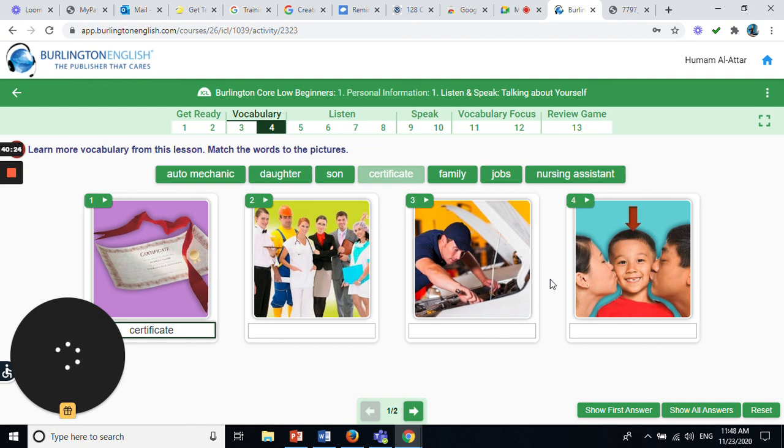Assistant means helper. So, for example, there's a nurse or there's a doctor, and there's someone who works with them to help them with their work. So the nurse will come into the room and she will ask one of her co-workers to help her or assist her in her work.